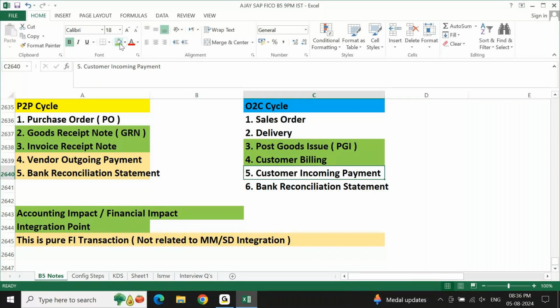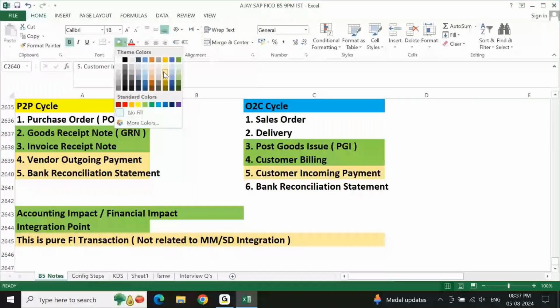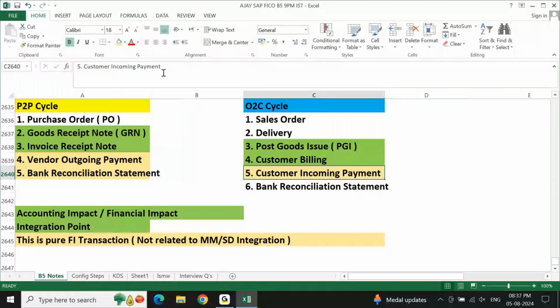This is a pure accounting entry which is posted in your FI module independently without having any dependency on your SD module. If it is a direct FI transaction, let me highlight this color here.